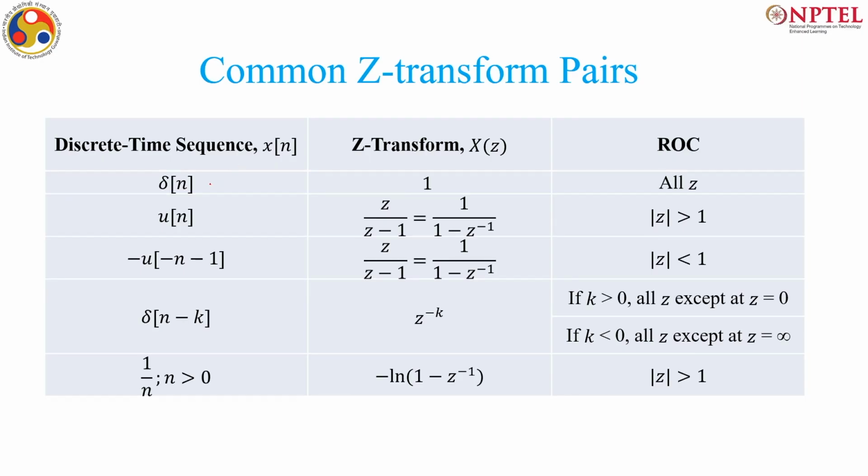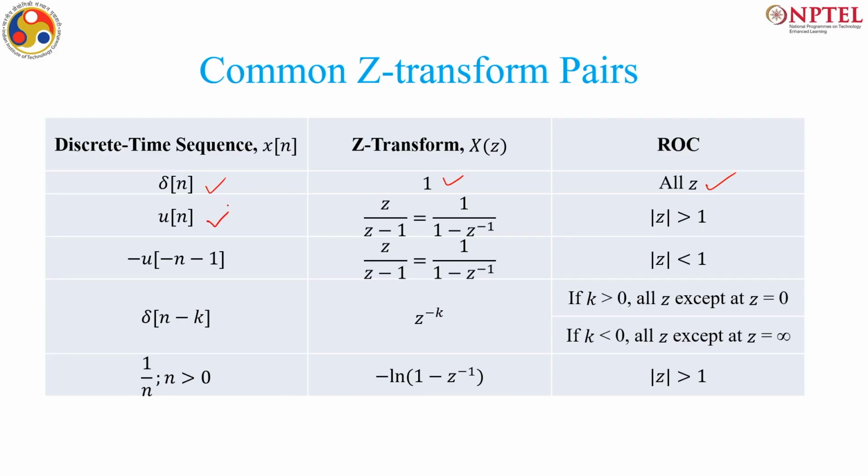So, I will conclude with some common Z transform pairs, like for the discrete time sequence delta n, which is always 1 in all the transforms which we have covered. So, here we have 1 and the ROC will be all Z, and probably this is the only sequence where you have the whole Z plane as the ROC. What about u of n?